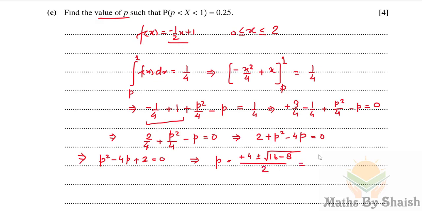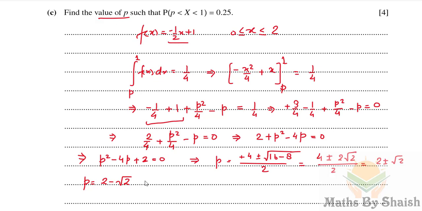So it becomes 4 plus minus root of 16 minus 8, which is 8, and root 8 is 2 root 2, over 2, so we get 2 plus minus root 2. If we take plus, p is going to be more than 2, which is of course not possible, so we have to take the minus sign. The possible value of p would be 2 minus root 2.